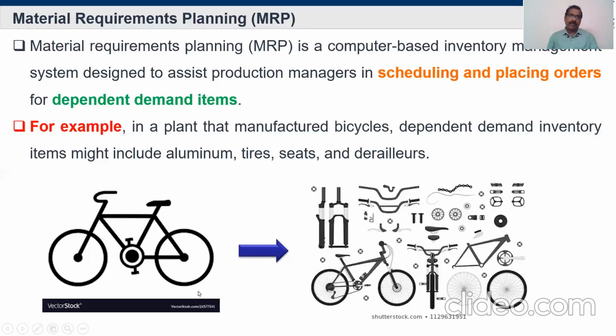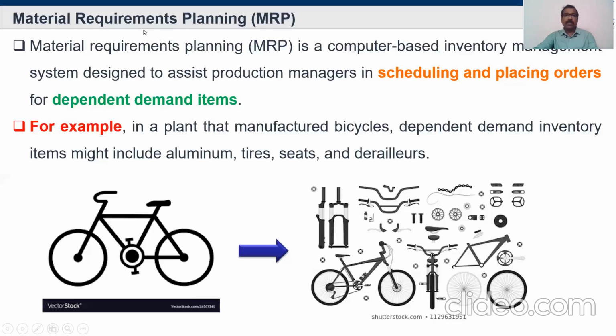Our demand item is the bicycle, but under that there are many sub items. These components, which are parts of the particular product, are called dependent demand items.